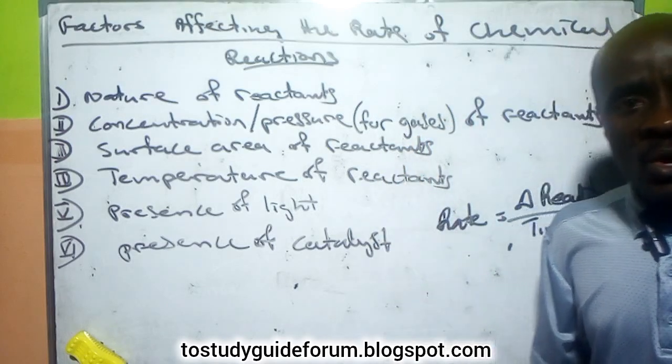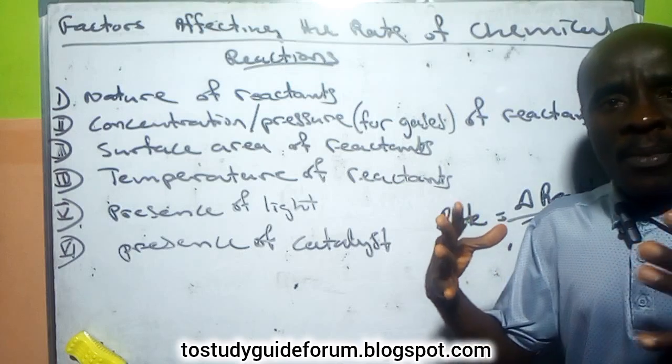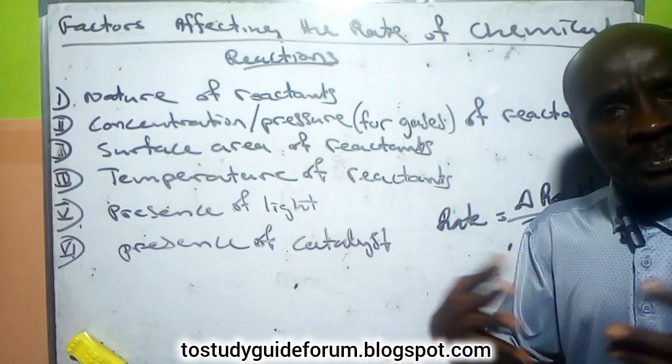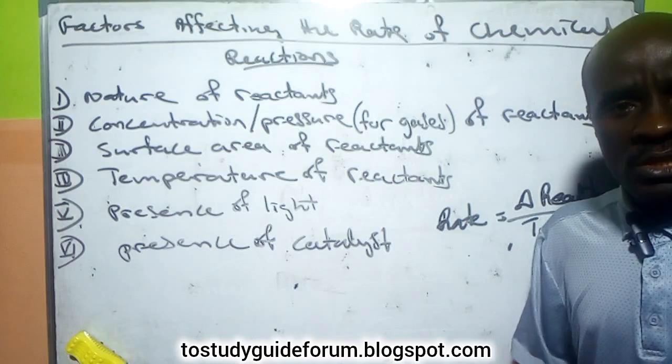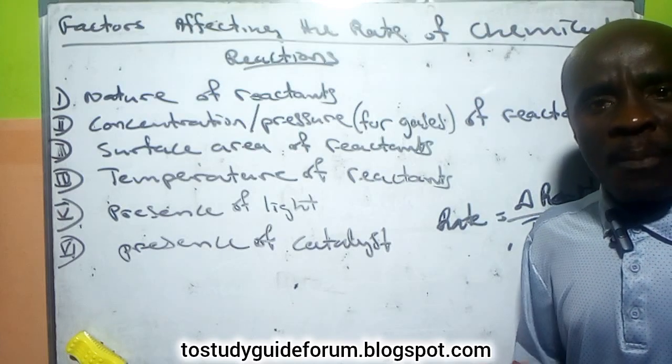For example, again, we look at ionic compounds, like electrovalent compounds that form ions. When they dissolve in water, they form ions easily.